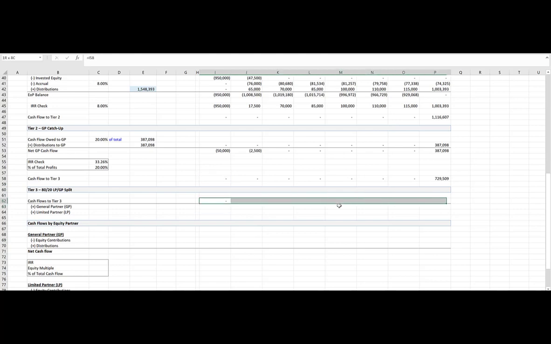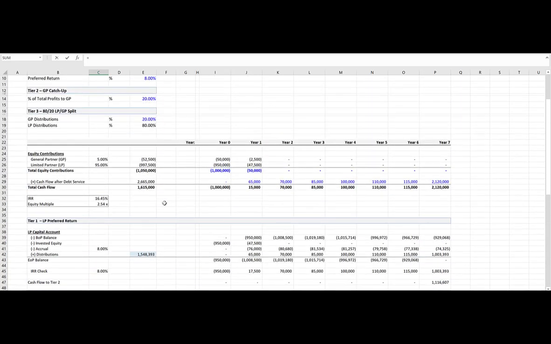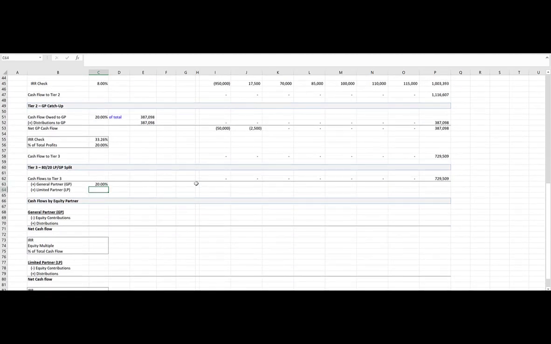We'll copy these across, and then we're going to divide this up just like we did the equity contributions at the start, except we're going to be using the Tier 3 splits. So we'll lock in the column, we'll lock in the row, we'll copy down and across, and those are our Tier 3 distributions by partner.